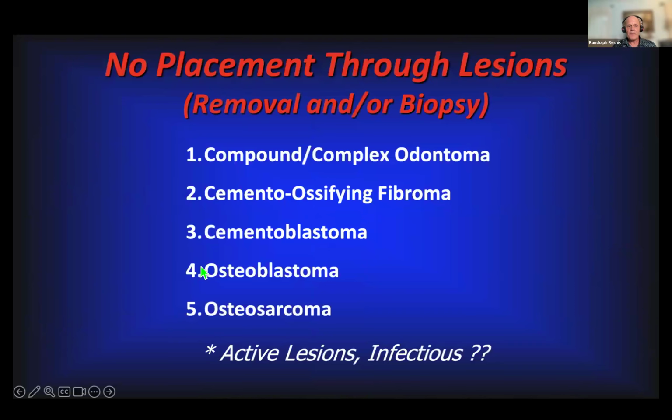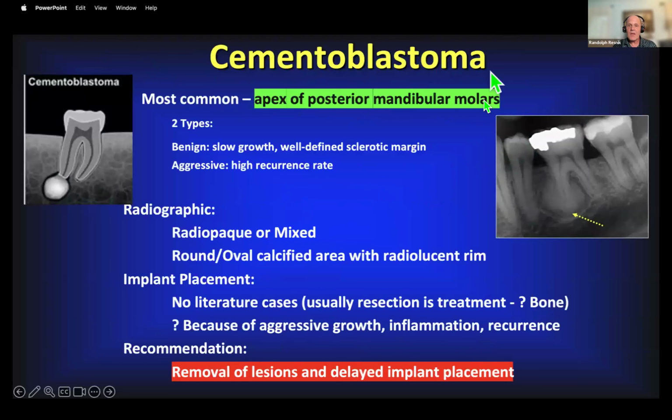First of all, if we look at the majority of lesions that are sclerotic in the upper or the lower jaw, the majority of these are active lesions. They're infectious processes, and they need to be removed and or biopsied. So let me just go through a couple of them. First of all, the cementoblastoma, usually at the apex of the posterior mandibular molars.